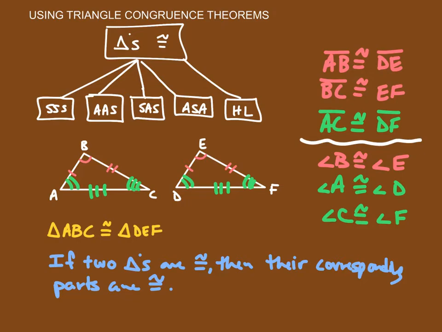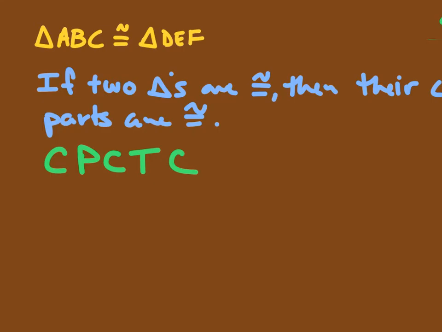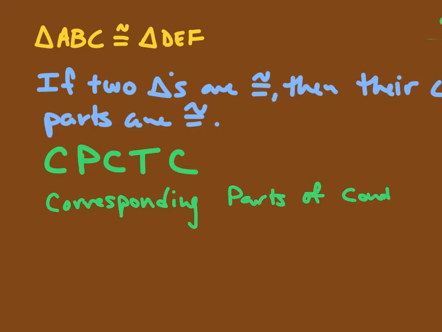We call this the corresponding parts of congruent triangles are congruent, also known as... let's write this out. The corresponding parts of congruent triangles are congruent. And that's how that works.